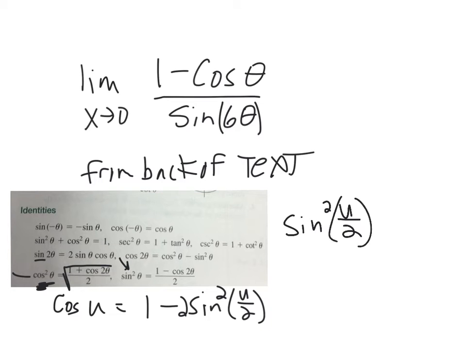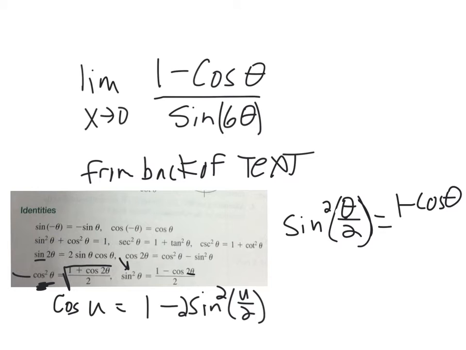So now we're taking the half angle here, and I'll use theta rather than u, since that's what we're dealing with here. So it's sine squared of theta over 2 equals 1 minus the cosine of theta, over 2. See, instead of writing 2u there, I'm saying it's equal to half of it.